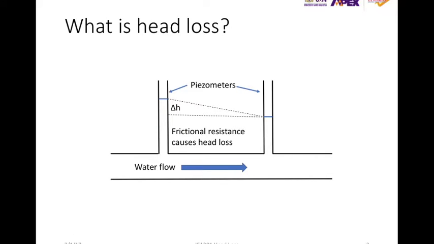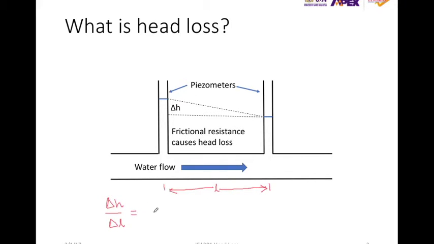We can write this as an equation to represent the changes of head or head loss with different pipe lengths. We can write it as delta H, or head loss, divided by delta L, where delta L is the distance between tube 1 and tube 2.